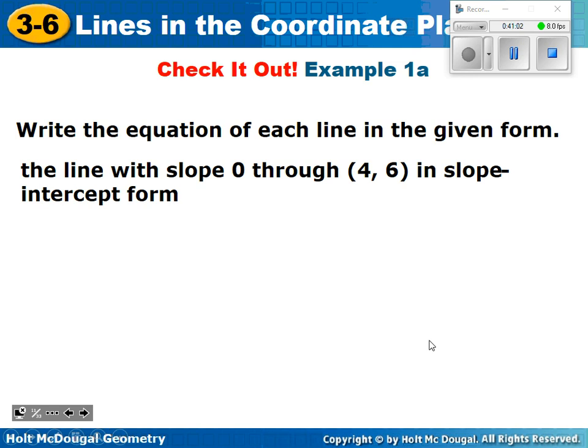You can simplify that. What is this? What's 0 times x?